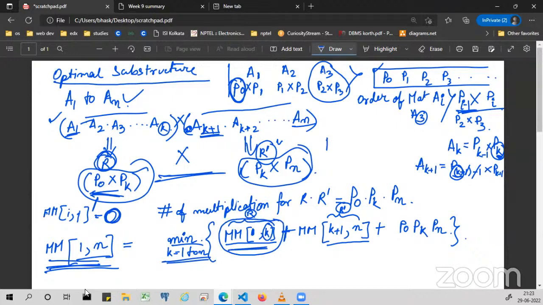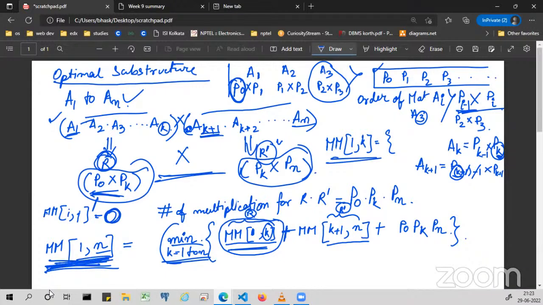That essentially means you would recursively repeat this step for MM[1][k], where n has become k.